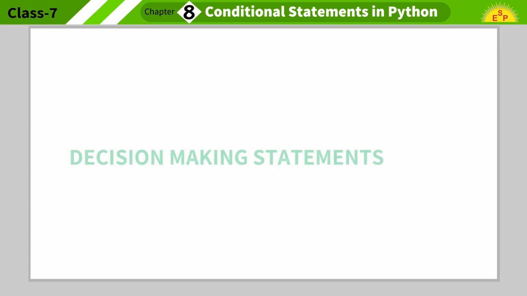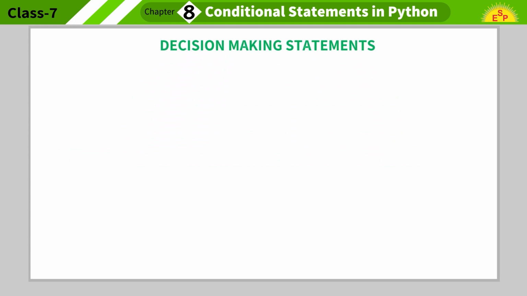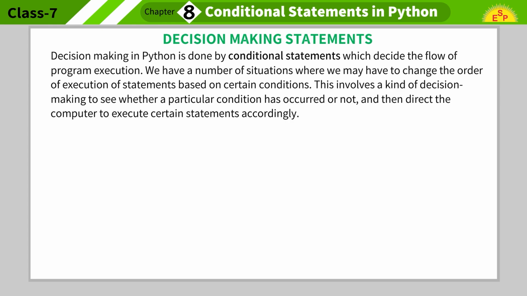Decision-making statements. Decision-making in Python is done by conditional statements which decide the flow of program execution. We have a number of situations where we may have to change the order of execution of statements based on certain conditions.